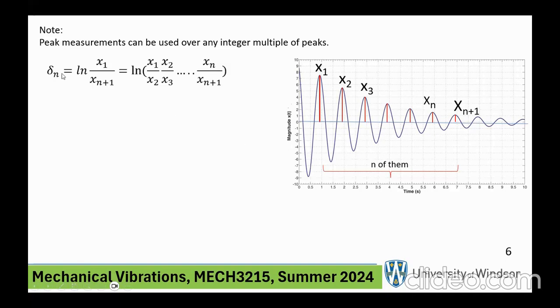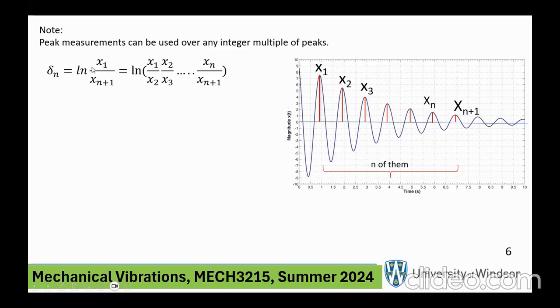If you define delta n to be the ln not of 2 consecutive peaks, but of the first one divided by the last one. Delta was ln of x1 over x2 before. Now delta n is ln of x1 over x(n+1).